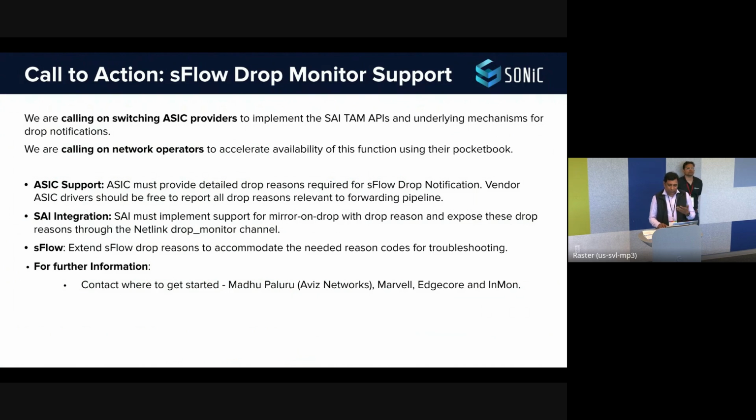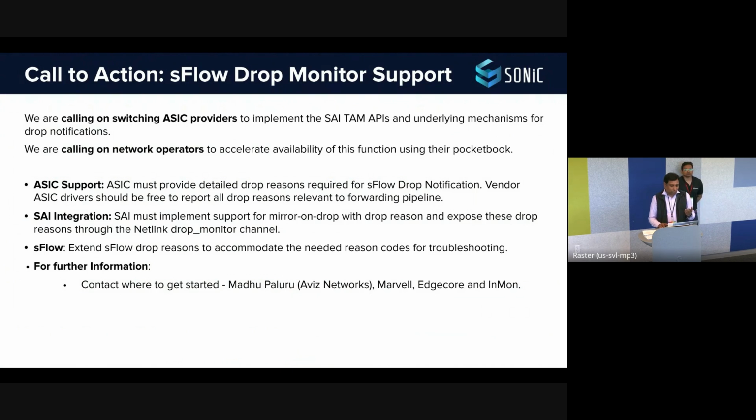Since the SAI TAM API is out there and is being materialized and matured, I would like to call for more and more ASIC vendors to implement the TAM API and provide more visibility into packet drops. You are free to provide as much packet context around the packet drops as you can, and try to implement the standard Linux interface so that it could be a common, unified way of reporting both ASIC as well as Linux kernel drops.